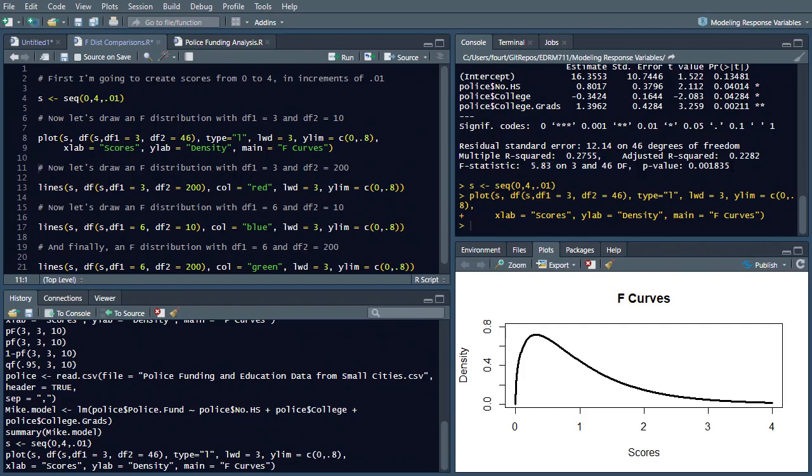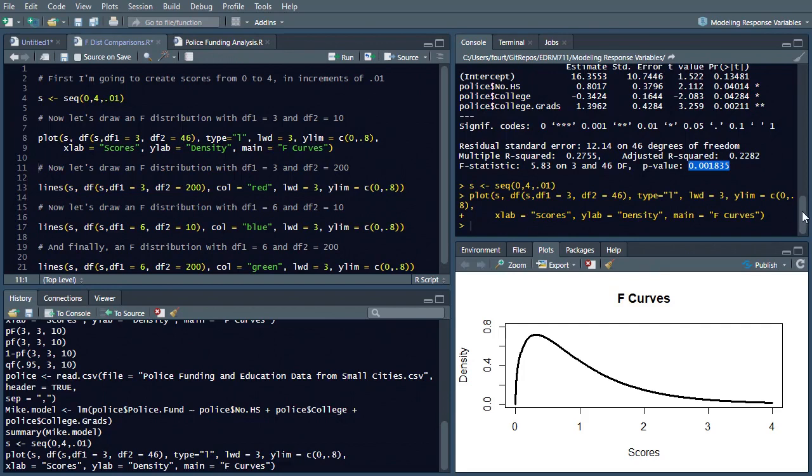If the model was worthless, the possibility of getting a value as high or higher than 5.83 is 0.0018. Okay, so therefore I'm going to reject the null hypothesis that the model is worthless, and instead I'm going to go with that the model has some value.